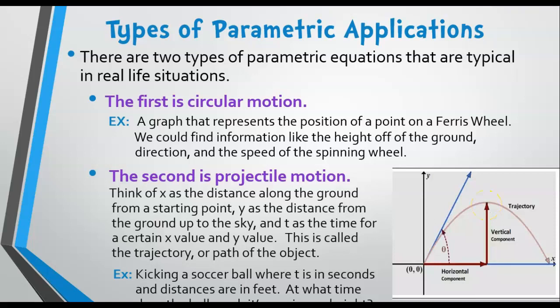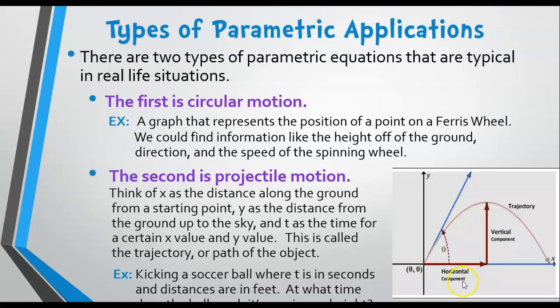And so what happens then is when we add time, then we're talking about this object moving along the curve, along the curve, until it gets to this point that is this horizontal distance and this vertical distance, and now we'll be able to calculate the time it takes for that to happen. So for instance, think about kicking a soccer ball, where t is the seconds and the distances are in feet.